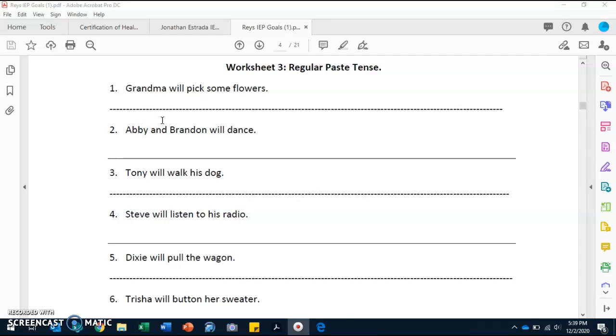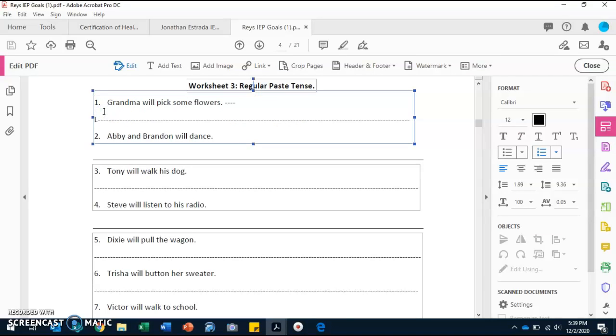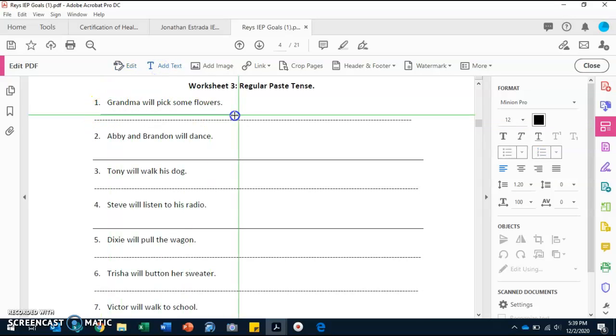How can we make this sentence in the past? So to start off, we can start off by saying last week. Maybe we can start it off like that. So let me add a text.